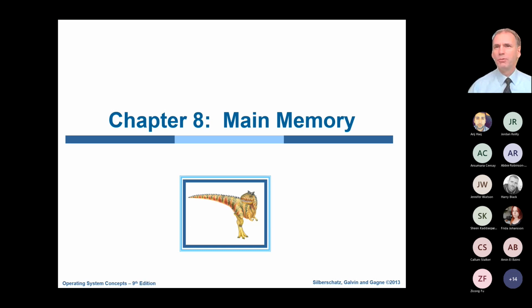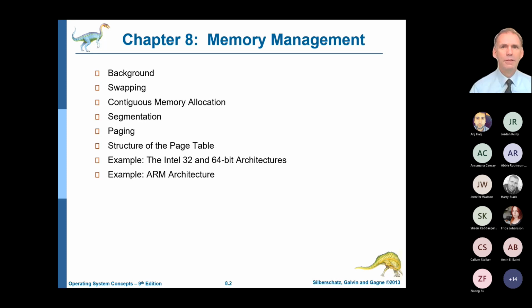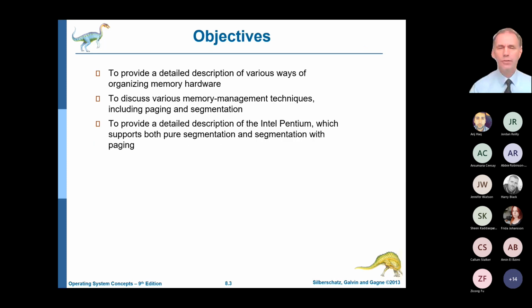All right, so let's talk about memory management. And of course, one of the things that we'll be doing as usual is talking about multiple ways that we can approach memory management, all of which are used in different operating systems, none of which is the right answer.